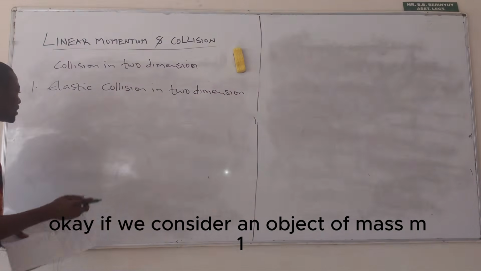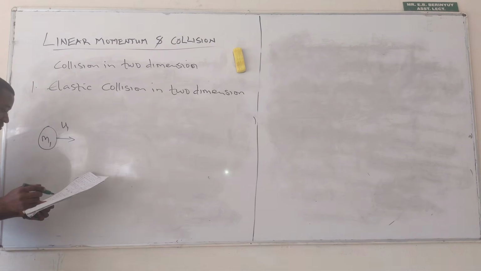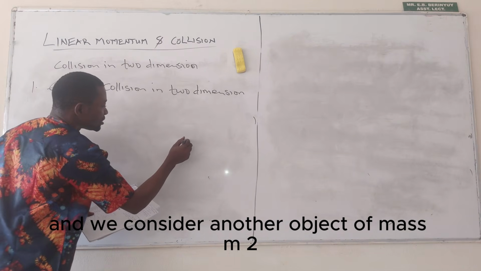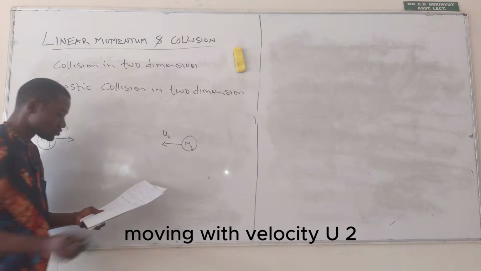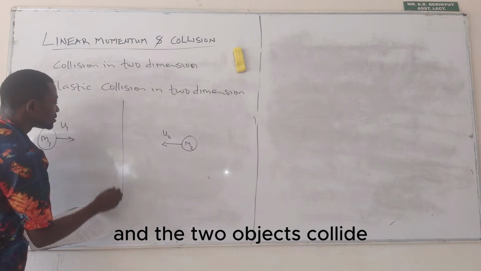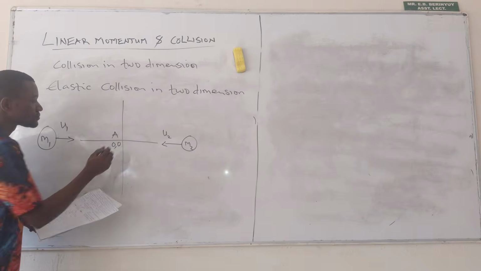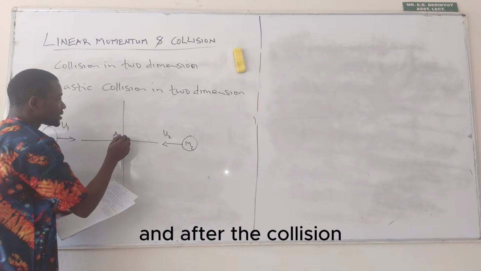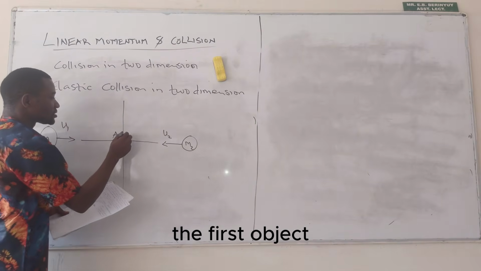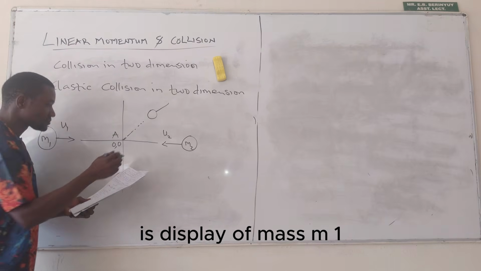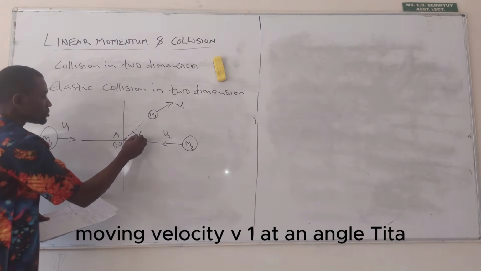Okay, if we consider an object of mass m1 moving with velocity u1, and we consider another object of mass m2 moving with velocity u2, and the two objects collide at a point A. After the collision, the first object of mass m1 moves with velocity v1 at an angle theta 1.